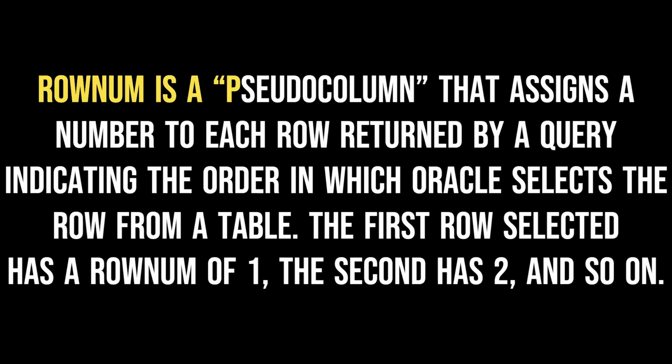Rownum is a pseudo-column that assigns a number to each row returned by a query, indicating the order in which Oracle selects the row from a table. The first row selected has a rownum of 1, the second has 2, and so on. Run the following query to see the result. Select asterisk from departments where rownum less than or equal to 5.